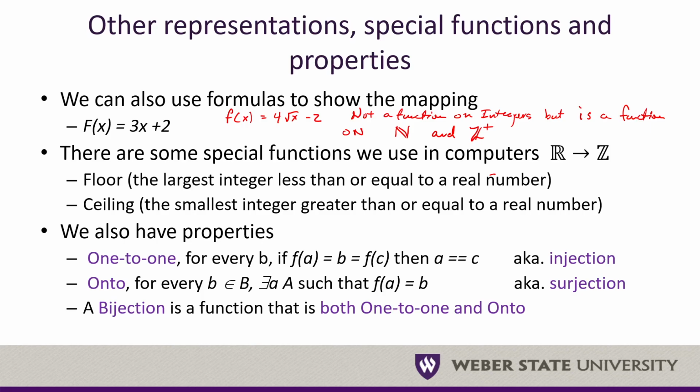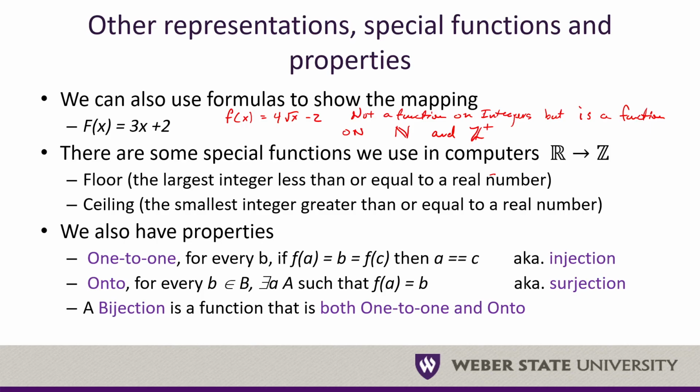It's both 1-to-1 and onto. And the only time that can happen is when the cardinality of the sets are the same. So can I ever have a bijection between the set of integers and the set of real numbers? No. Why not? Your real numbers aren't 1-to-1.